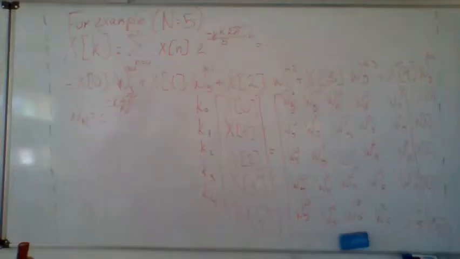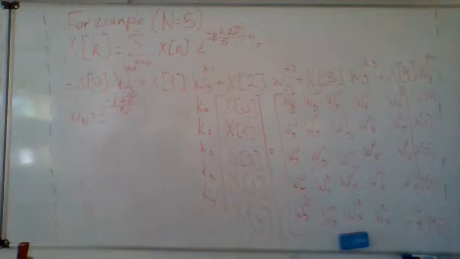When we denote W_N as e to the power of minus j 2π divided by N, it is our twiddle factor. Then we can derive the previous formula as the sum of multiplications, where we have x in columns and W in rows.